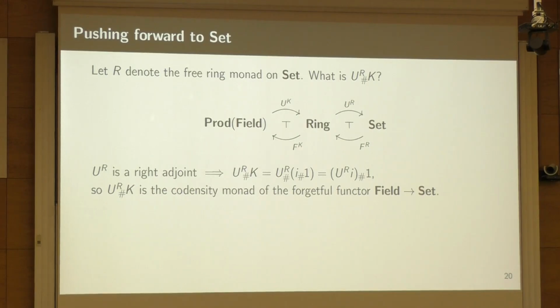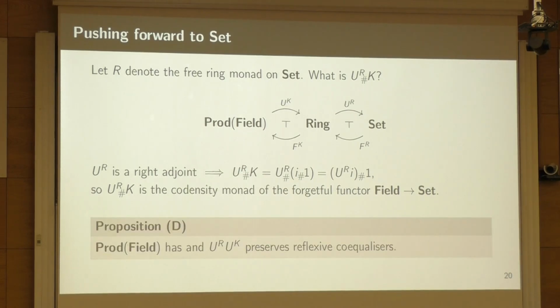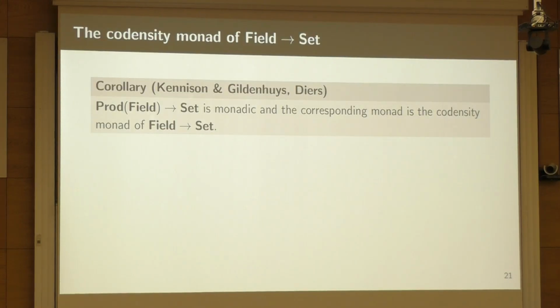And so again, this is going to be the monadic over set replacement of the category of fields. And so we're not far from knowing; a little lemma is that this forgetful functor preserves reflexive coequalizers, and then you use the crude monadicity theorem to show the following: that product of fields is monadic over set, and that the corresponding monad is the codensity monad of the forgetful functor.